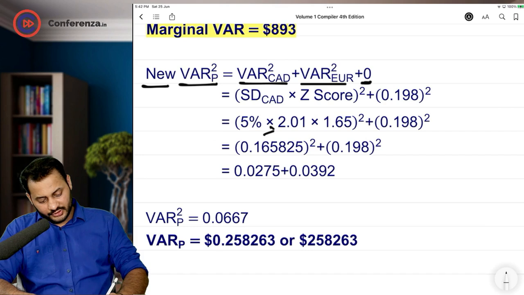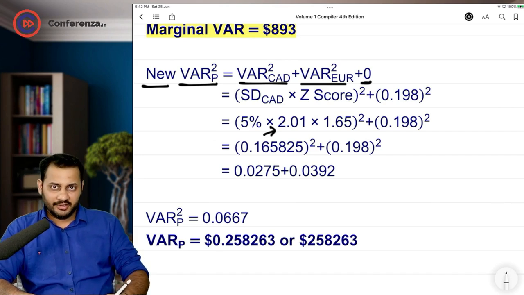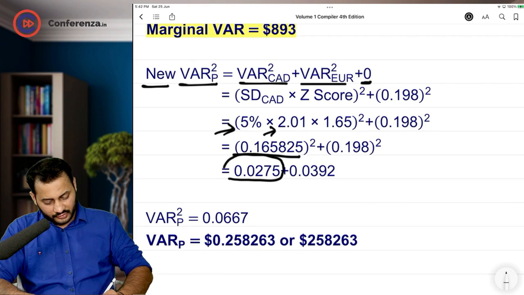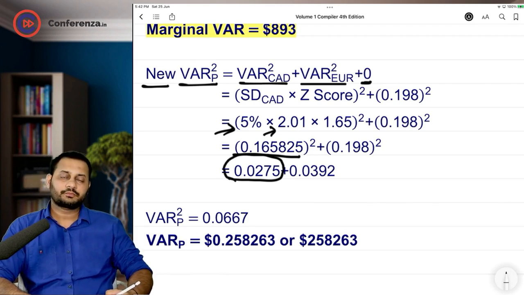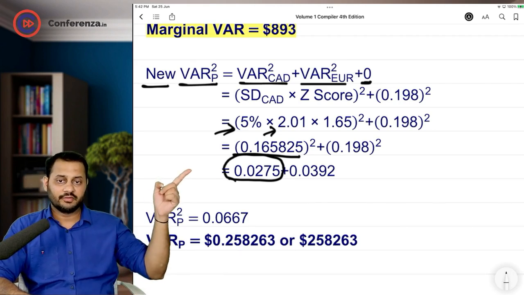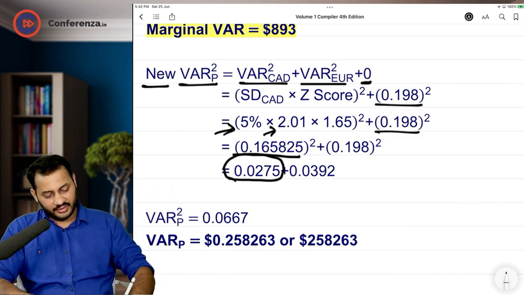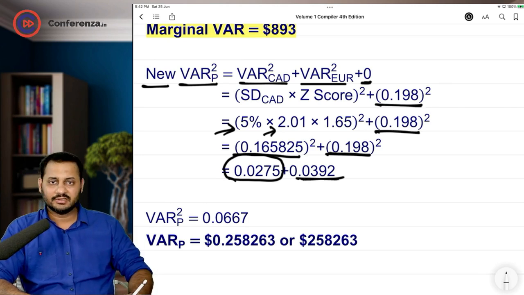See, 2.01 is the new position in Canadian dollar, and 5% of that will give you the standard deviation, which is this figure. In total, for the VAR of the portfolio squared, Canadian dollar squared is 0.0275. For the euro, the figure is the same. You can clearly see for the euro, 0.1998 is the same figure.